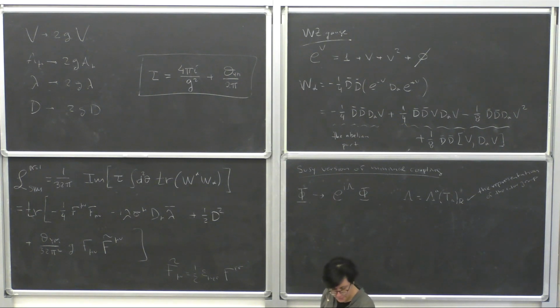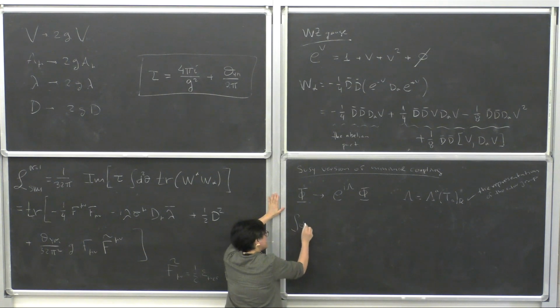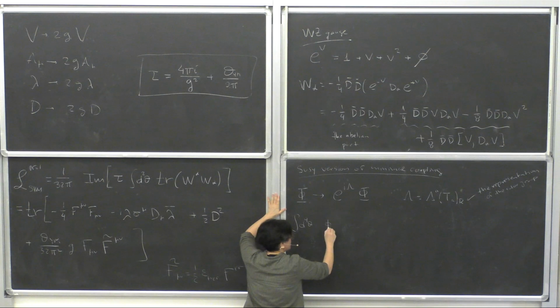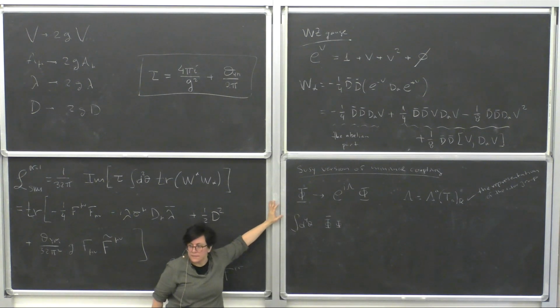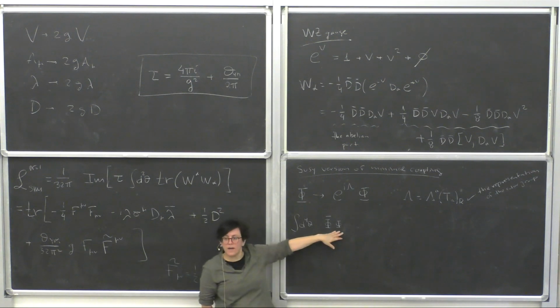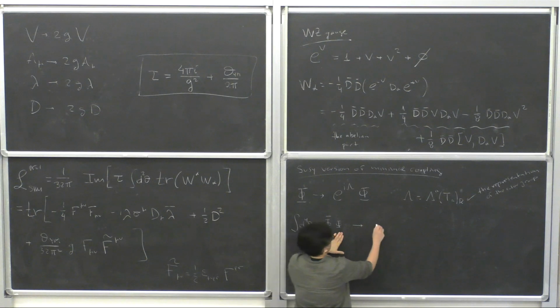Okay, this is amazing. But now, when we were writing Lagrangians before, we were writing like this, right? Full superspace integral, phi bar phi. Yes? Is this gauge invariant? No. Why?